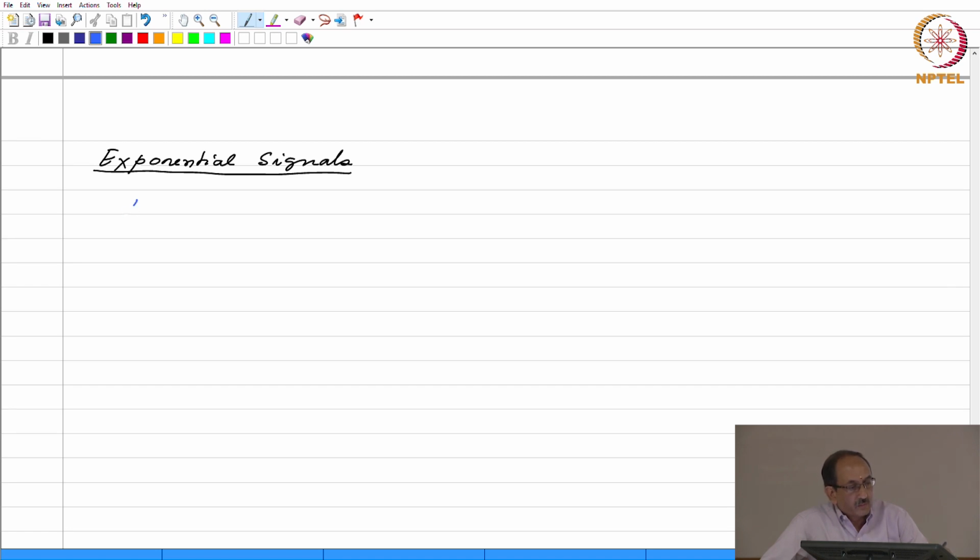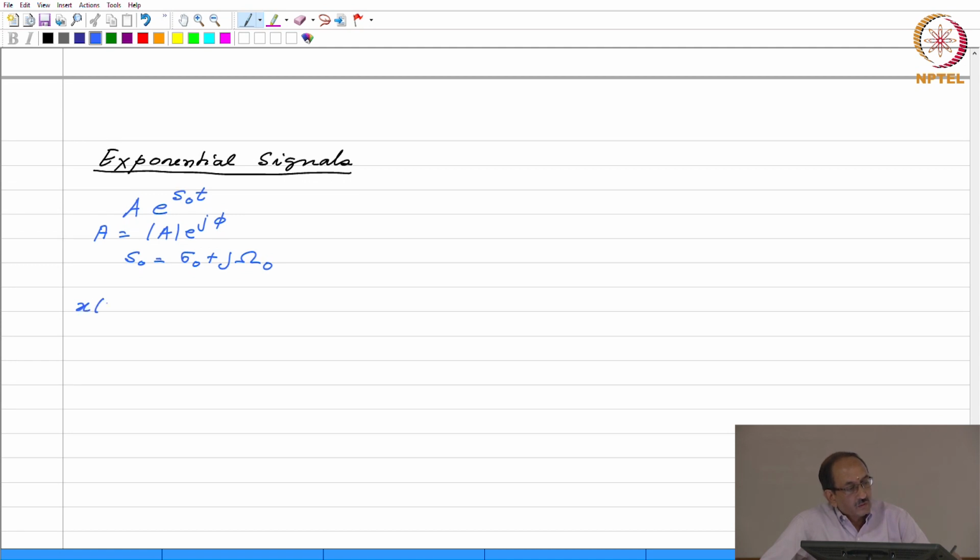So what you are used to in terms of continuous time exponential is A times e to the s naught t. A is really a complex number, magnitude A times e to the j phi, and s naught is really another complex number which is sigma naught plus j cap omega naught.